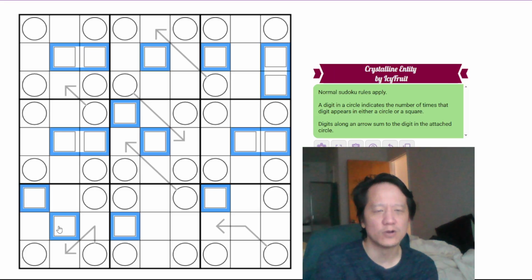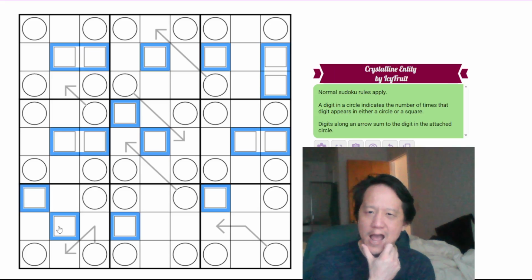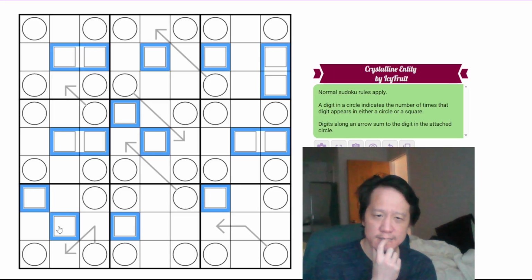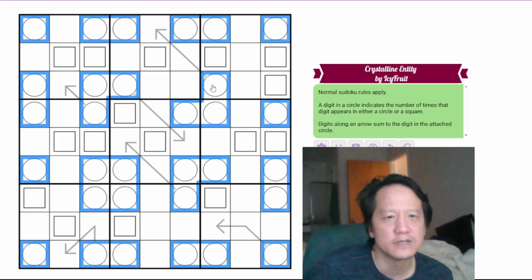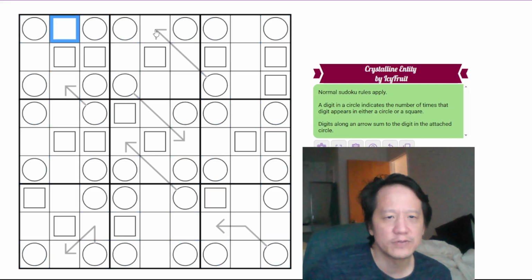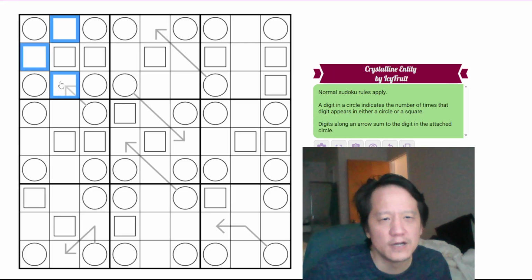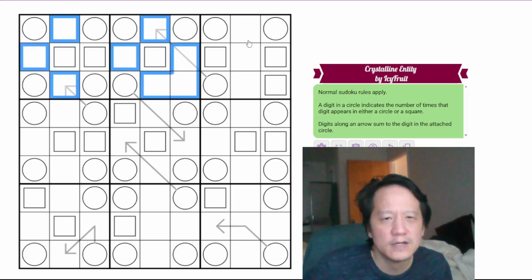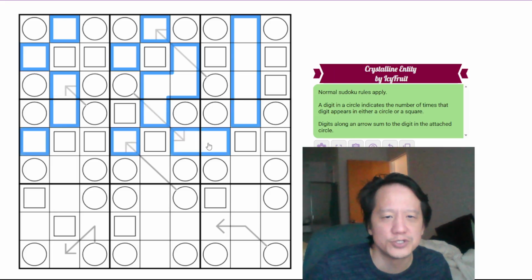That can't be right. Let me count this again. We're going to mark every square and circle, unless I'm misunderstanding the rule set.